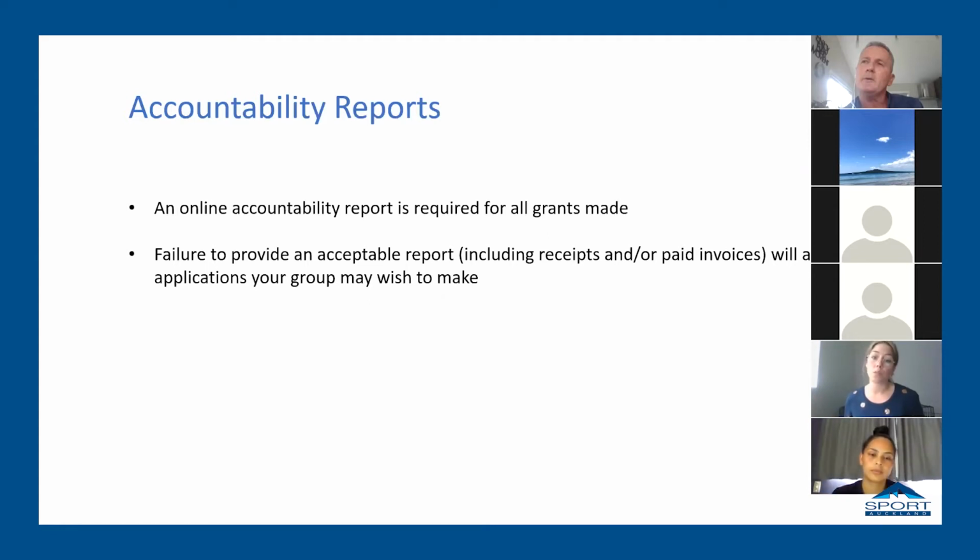Once you have entered all necessary details, the report is assessed and we will contact each applicant again if it's not satisfactory, and support you in the information that we need from you in order for that accountability report to be successful. As you can see, it's an online accountability report, so everything we do is online as well.